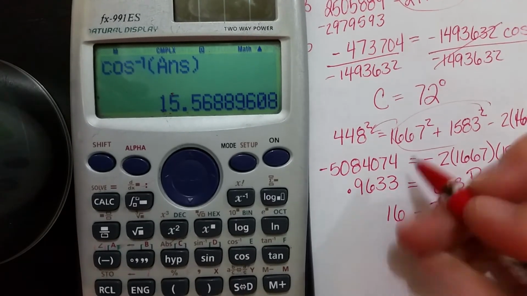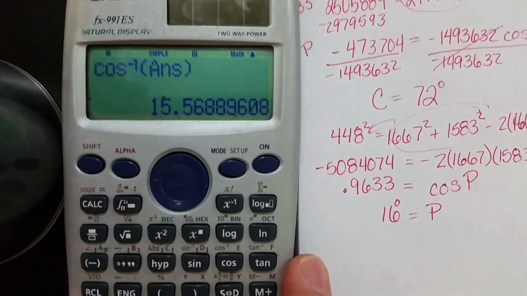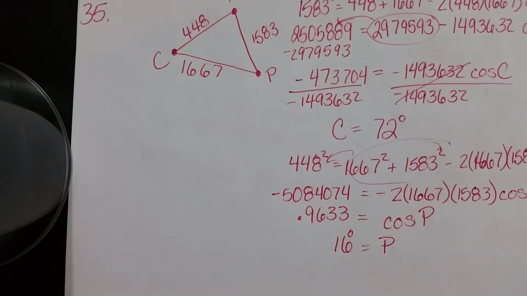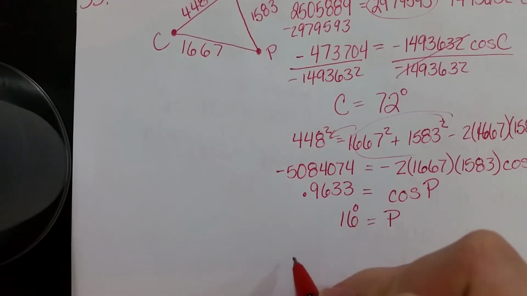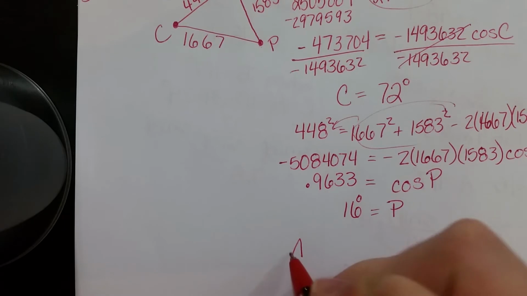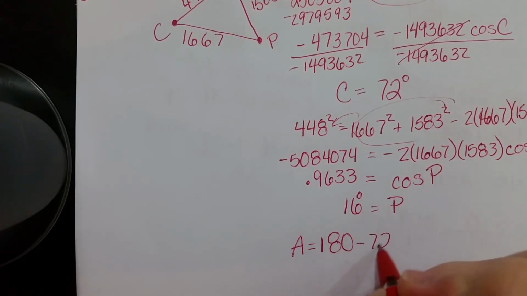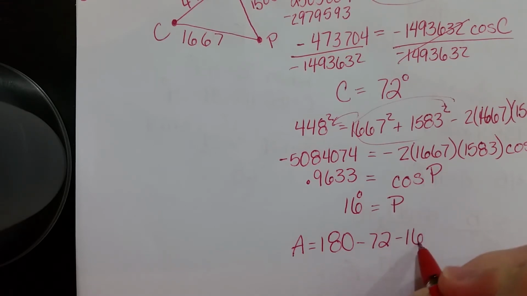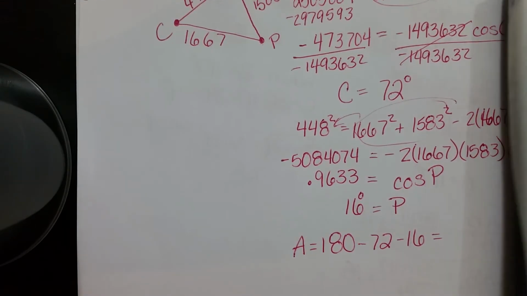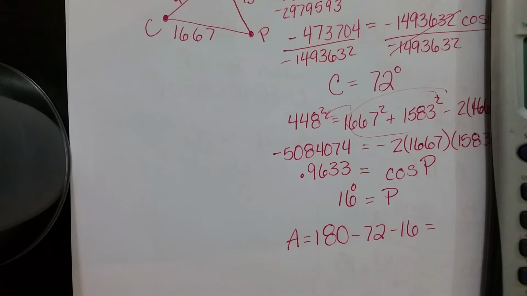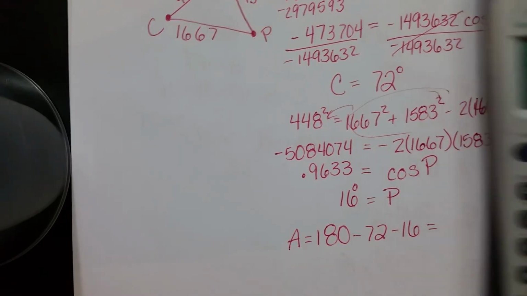From there I've already done lots of rounding, but obviously I can't give an answer where the triangle doesn't add up to 180 because that wouldn't make any sense. So to find angle A, I'm just going to do 180 minus 72 minus 16, and I'm going to say that A is 92.